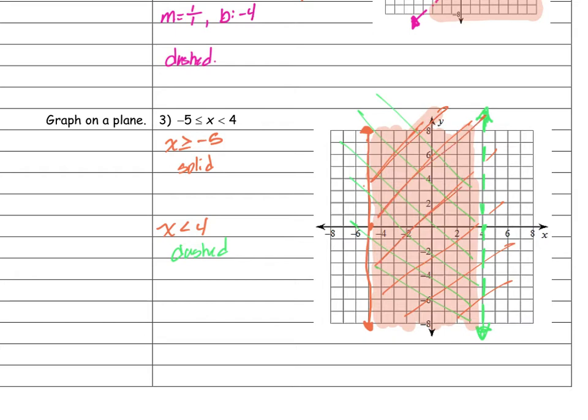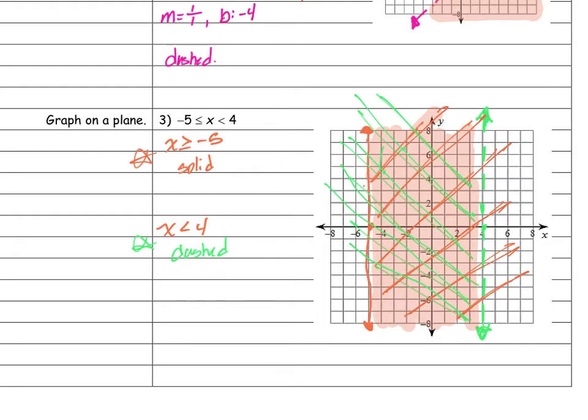Are you okay with that part? So that was what was shaded for this one, right? And then what was shaded for this one was the green one. It's less than 4, so it's all of this part. And do you see where the green and the orange overlap? Sorry, I'm getting the words all messed up in my mind.